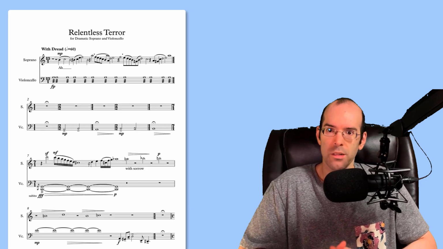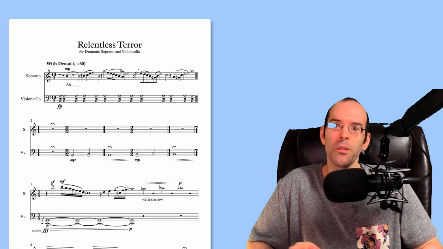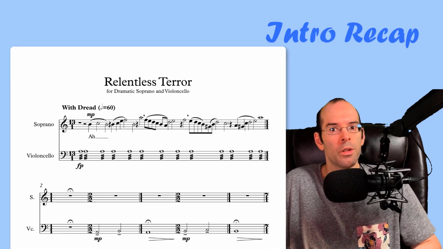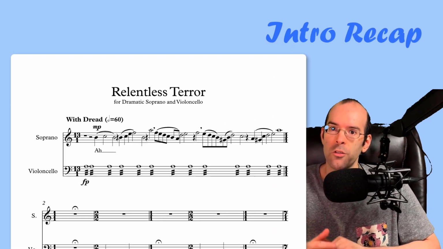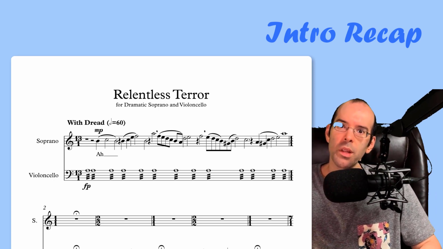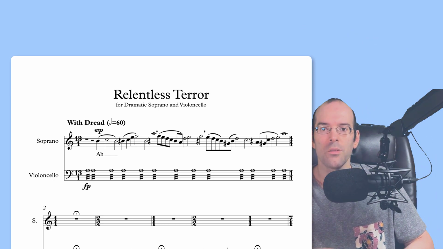But as far as the content of this piece, I will say that it is quite haunting, and the strongest part of this composition would be the intro, where we're introduced to a soprano and a tremolo, which was played by a cello. And this sets our mood of the piece right away.